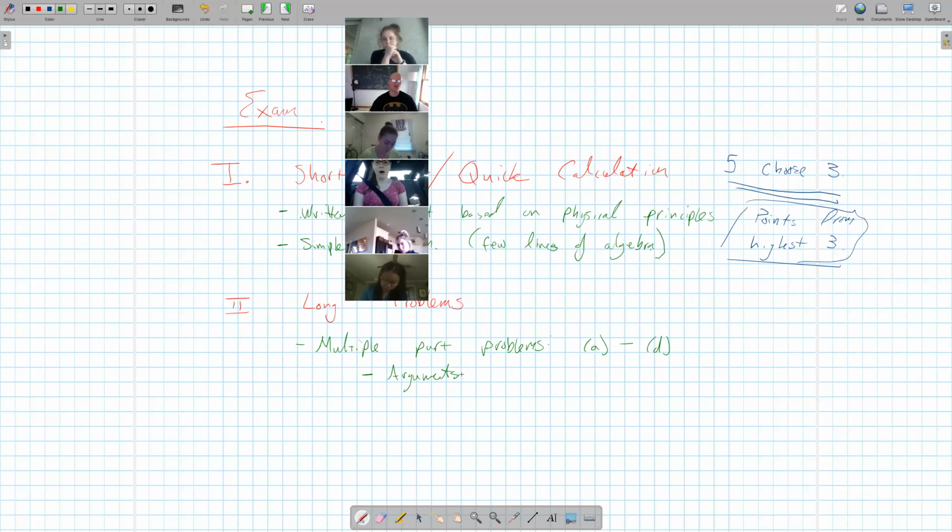And then you would just have to explain something about those. So this is usually going to be some sort of explain type question, and it could be embedded inside of one of these. The rest of it is just going to be some sort of calculation, similar to the group problems, homework problems, things like that. But again, these are multiple part problems. There will be 2 of these.